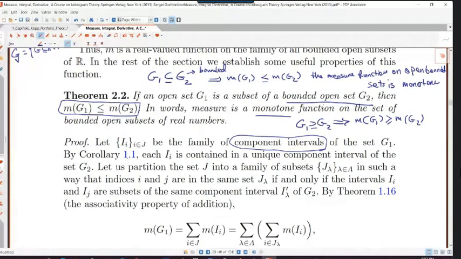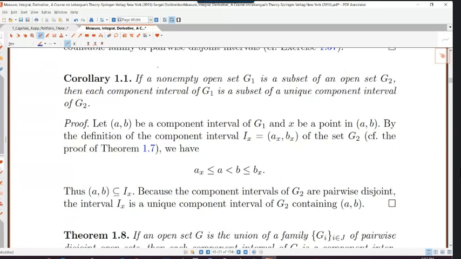By corollary 1.1, each I is contained in a unique component interval of the set G2. You remember the corollary: if a non-empty set G1 is a subset of G2, then each component of G1 is a subset of a unique component interval of G2.